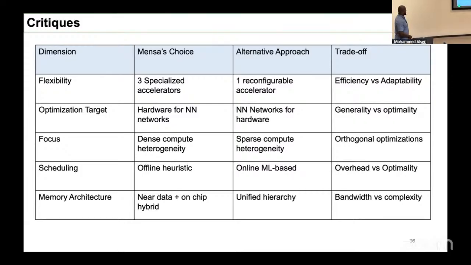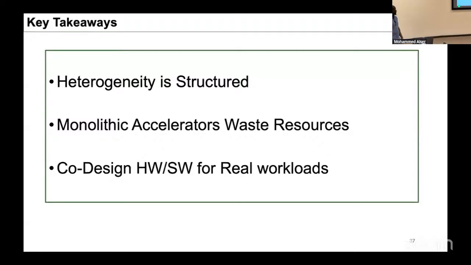Should we be designing hardware for neural networks, or should we be designing neural networks for hardware? And the key takeaway: heterogeneity is structured sometimes, and if you embrace heterogeneity, that will be the key takeaway.